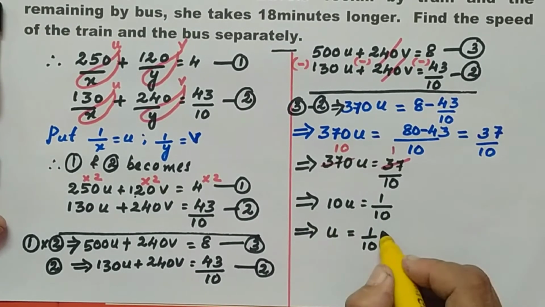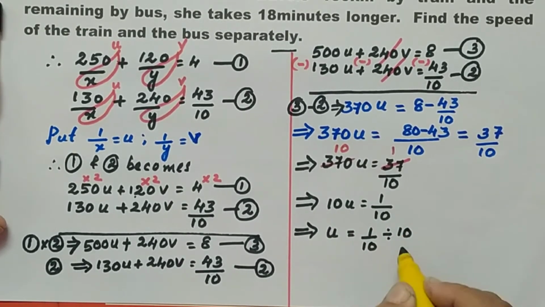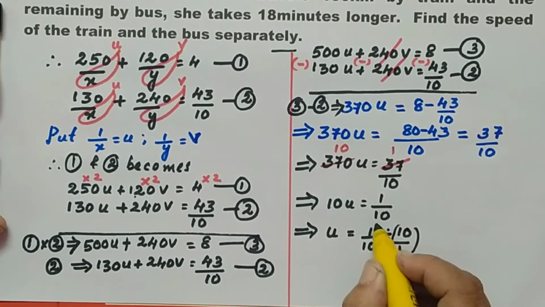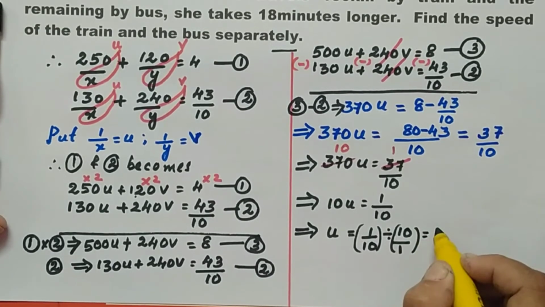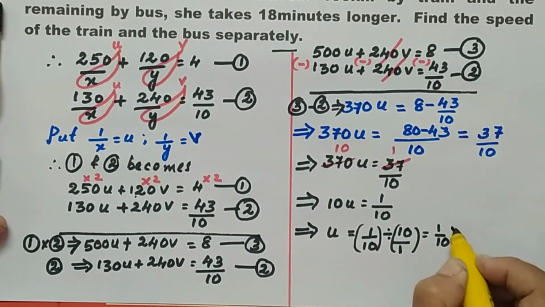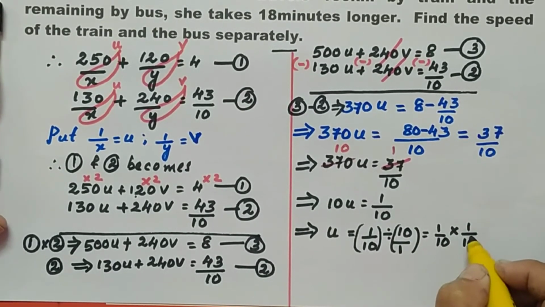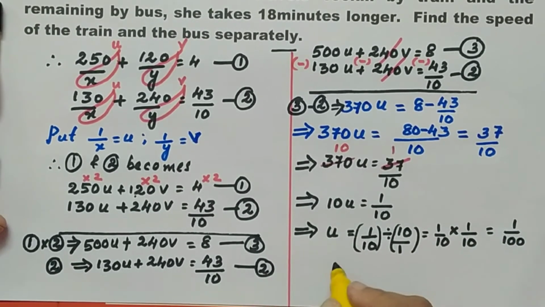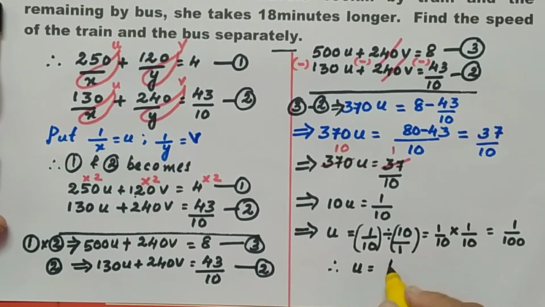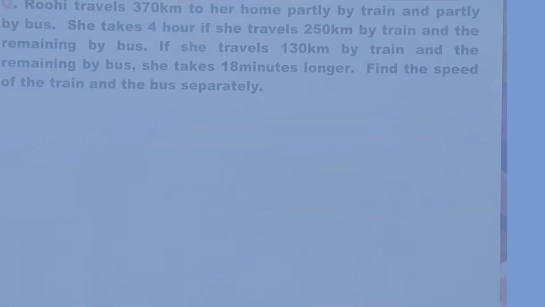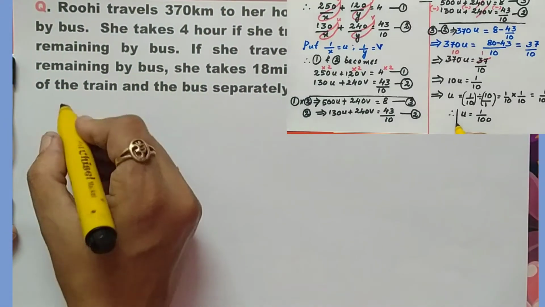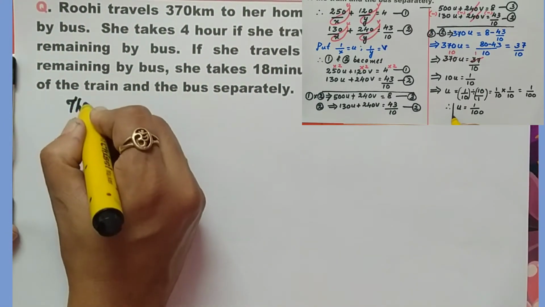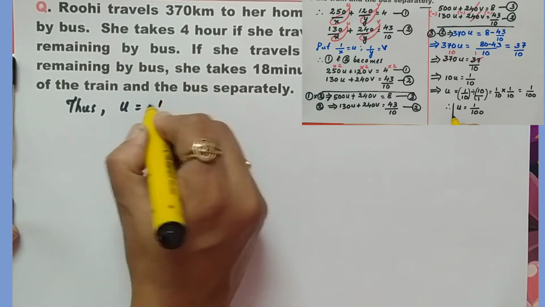Multiplication with 10 goes to the right side, becomes division by 10. You know how to divide two fractions. 10 can be thought of as 10 by 1. Division of two fractions means write the first fraction as it is, take the reciprocal of the second and multiply. So the answer is 1 by 100. Therefore the value of u equals 1 by 100.